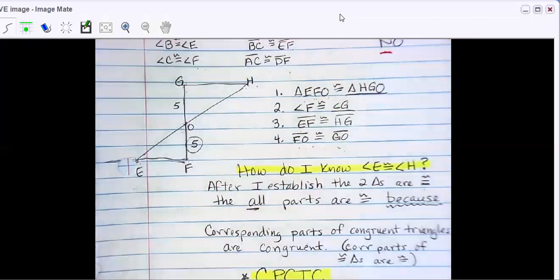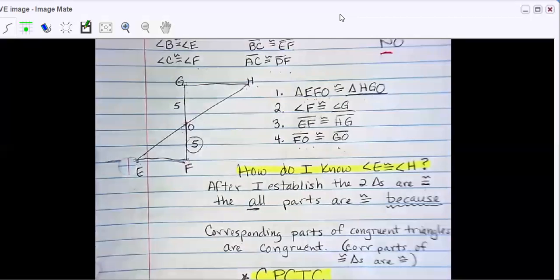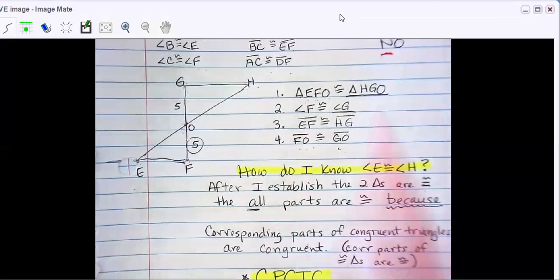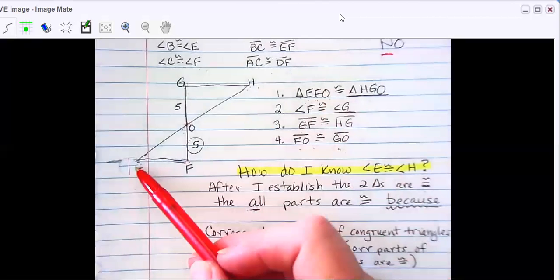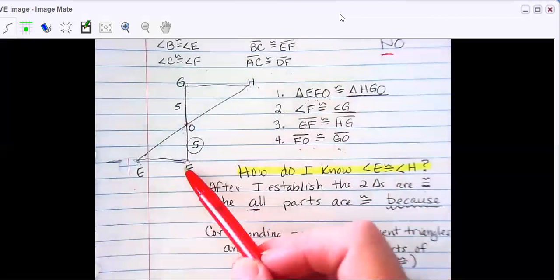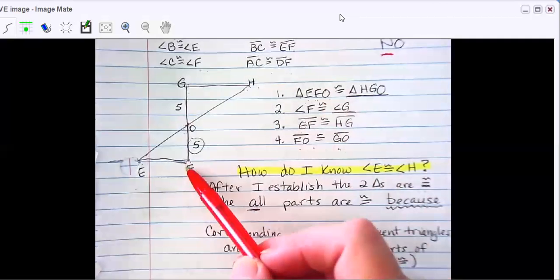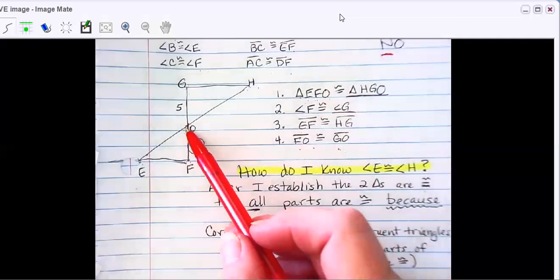They're never going to be drawn to scale, and just because it looks like a right angle does not mean it is, unless I put the box. We can assume nothing in geometry. So here, EFO. E starts way out here, F goes in toward the middle line, and then O is where they connect. So that would be my triangle, EFO.